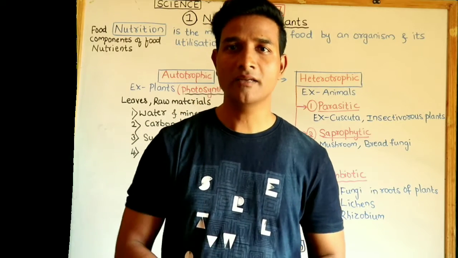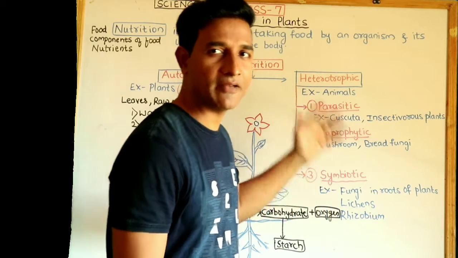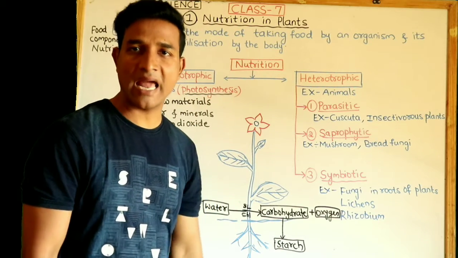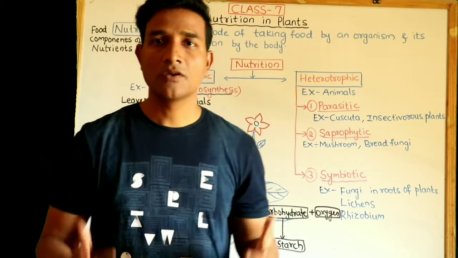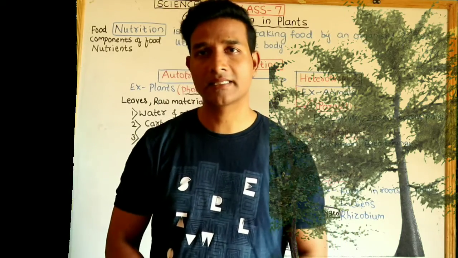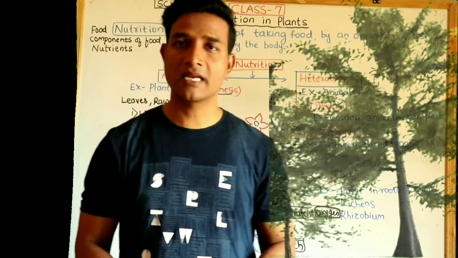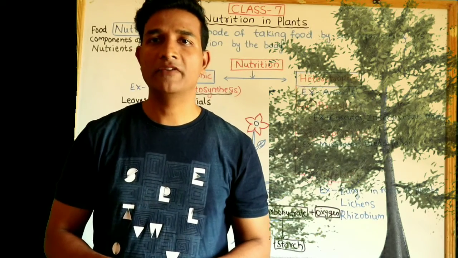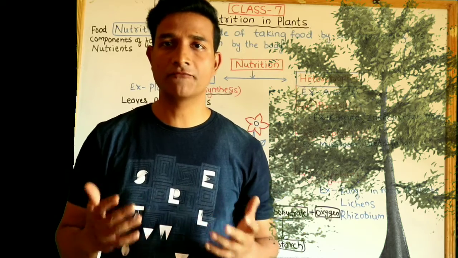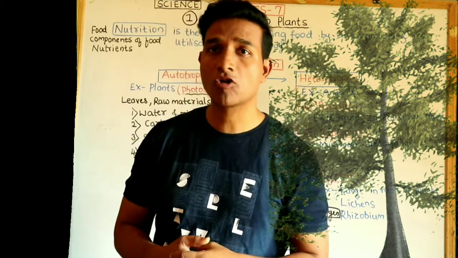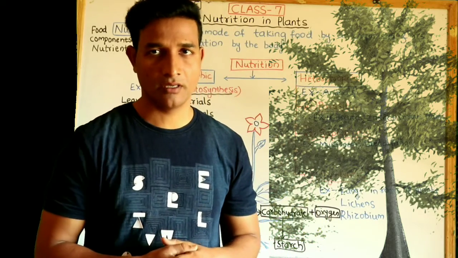Let us start today's class 7 chapter number 1, nutrition in plants. So what is this nutrition? In class 6, you have studied what is food, why living organisms require food, and what the components of food are.